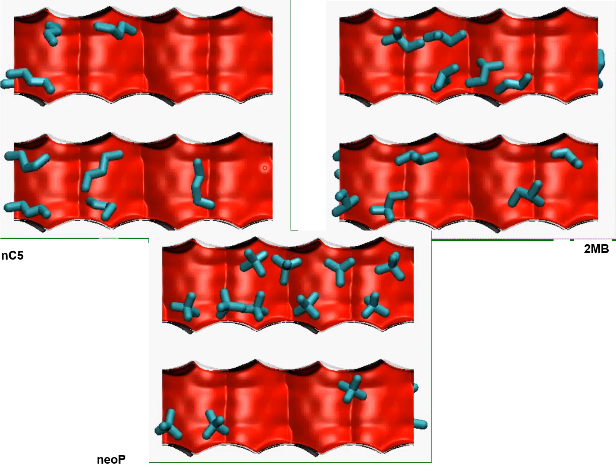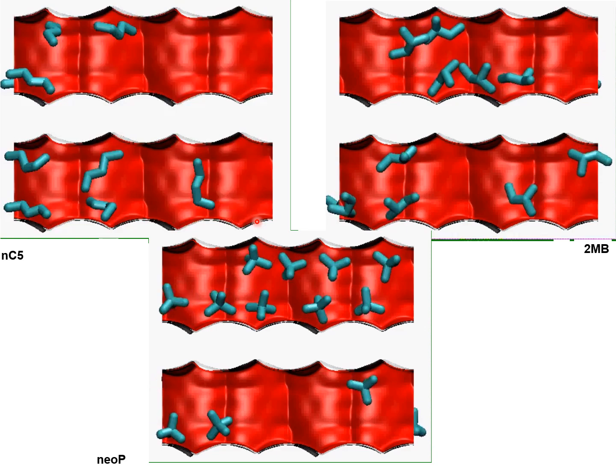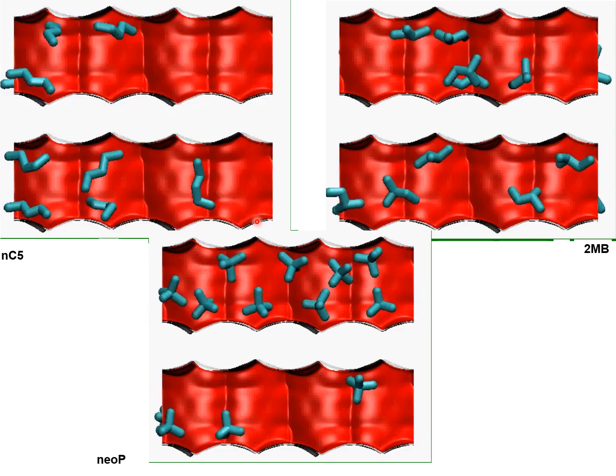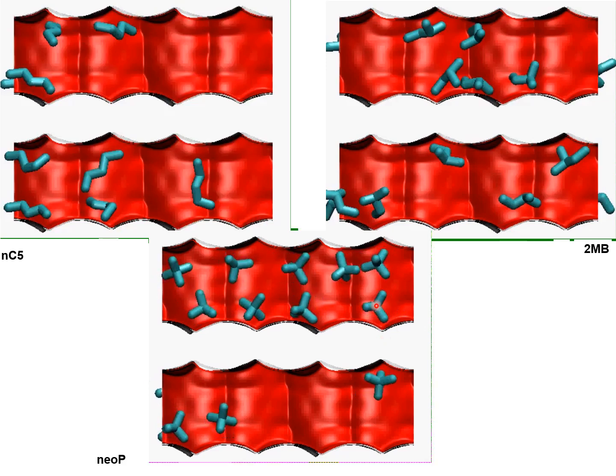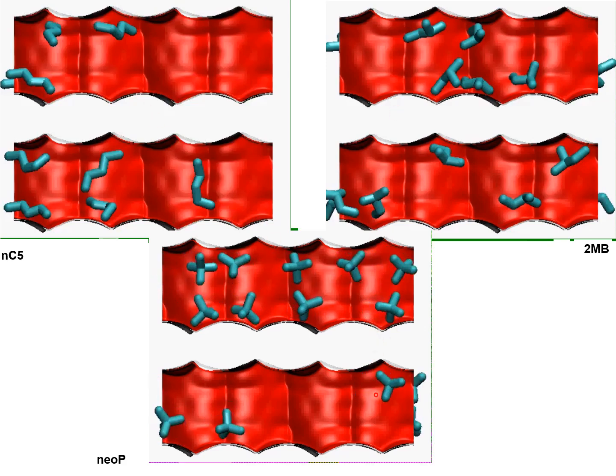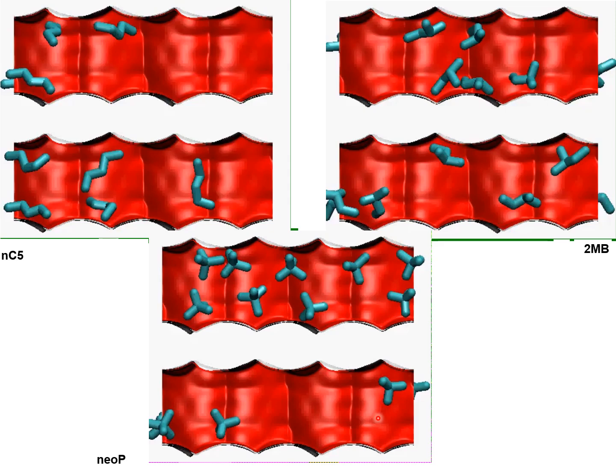The channel dimensions of 10 angstrom are larger than those for Fe2BDP3, and therefore the differences in the diffusivities between the pentane isomers is minimal.